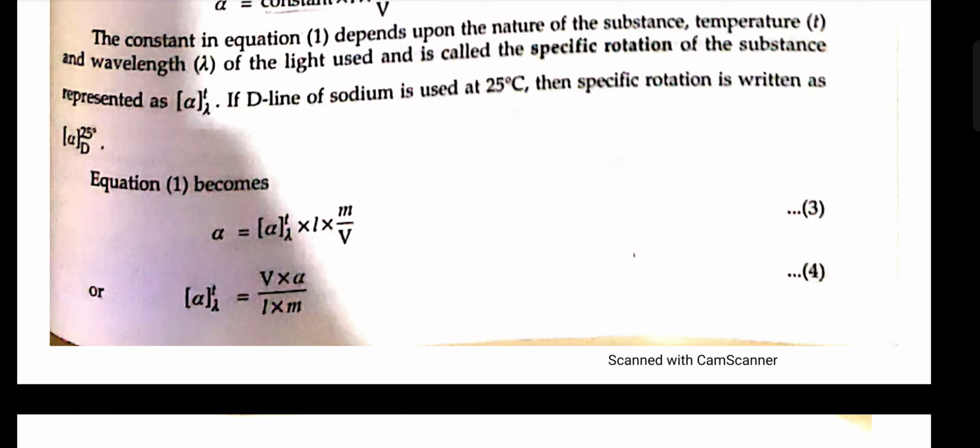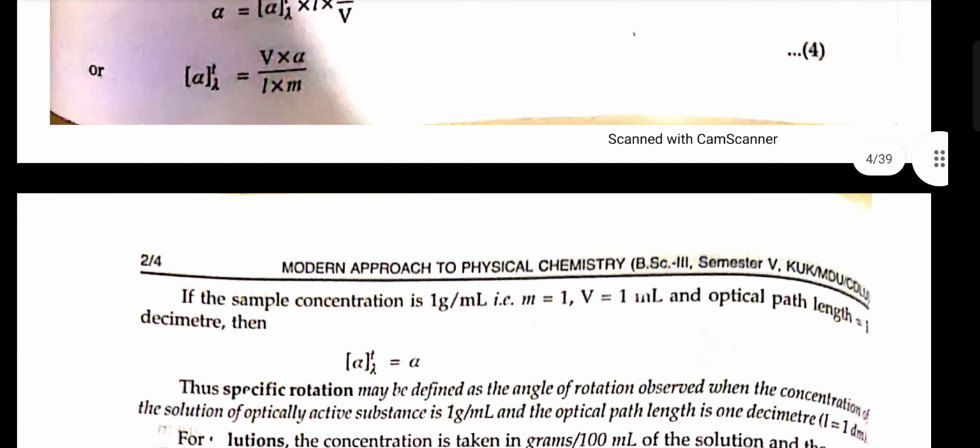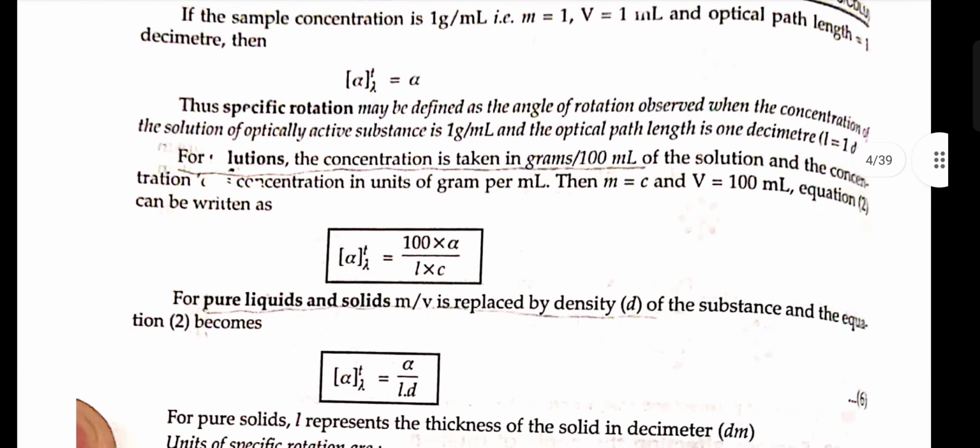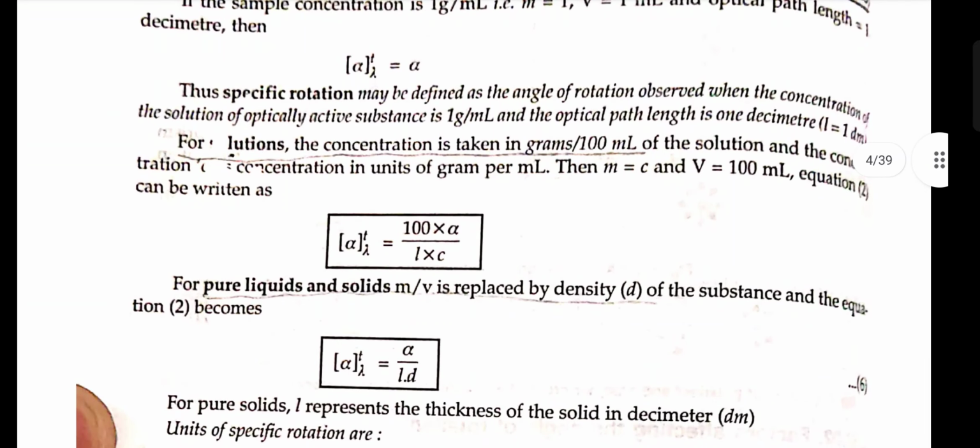T is the temperature and lambda is the wavelength of light used, and it is called specific rotation. Specific rotation for a solution is 100 into alpha, the angle of rotation, divided by length into concentration.